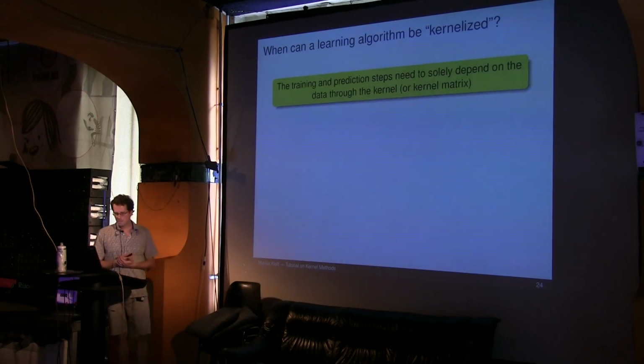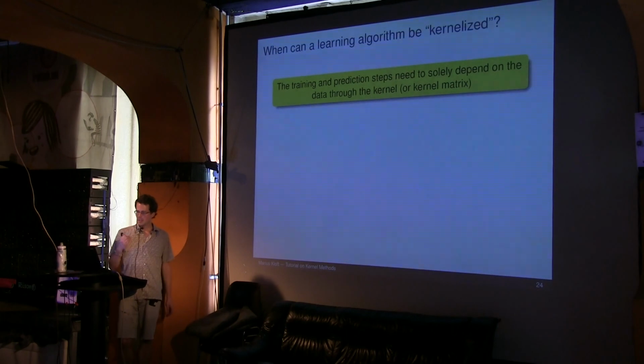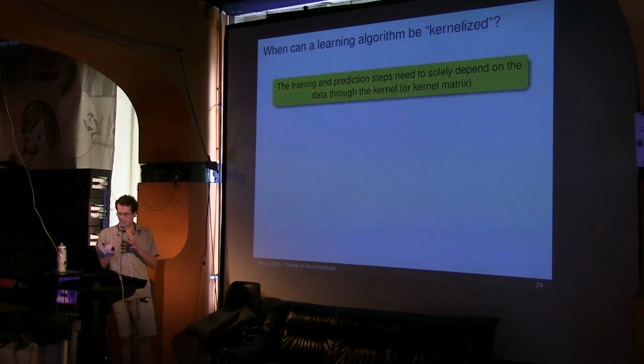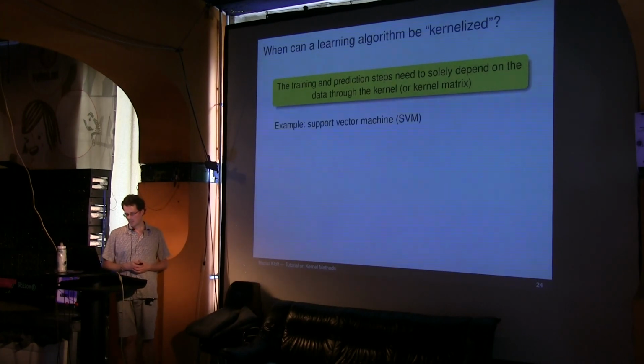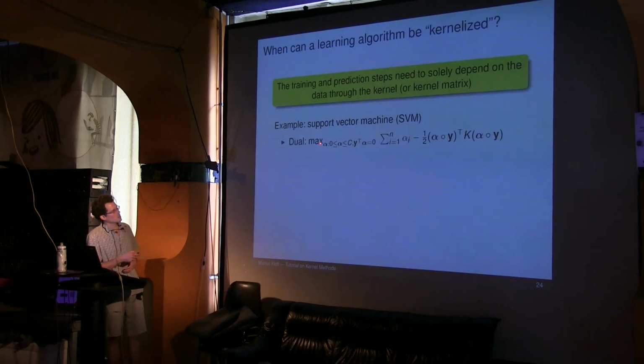The general criterion for when an algorithm can be kernelized is whether the training and prediction steps can be solely expressed through the kernel. The dependence on the data must just come through the kernel. Let me give you an example, the support vector machine. It solves this quadratic convex optimization problem, and obviously there's no point where the data enters.